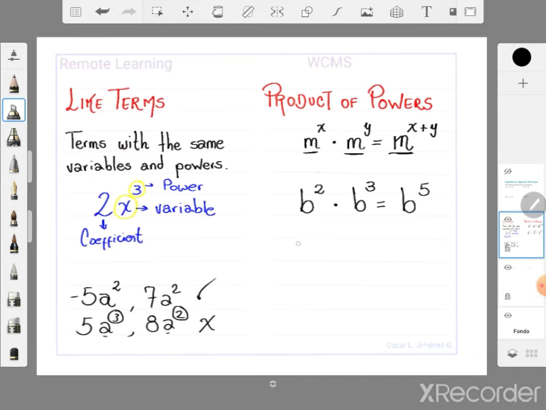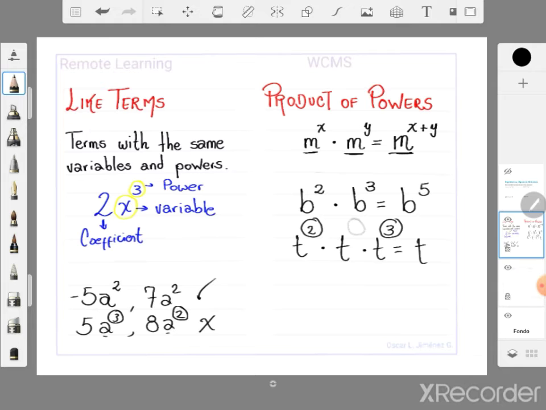Okay, let me show you something different. For example, if you have t to the second power times t times t to the third power, remember this is just for multiplication, that's why we have the product of powers. We keep the t, the base, and we add the exponents. So we have 2, we have 3, and what other number do we have right here?